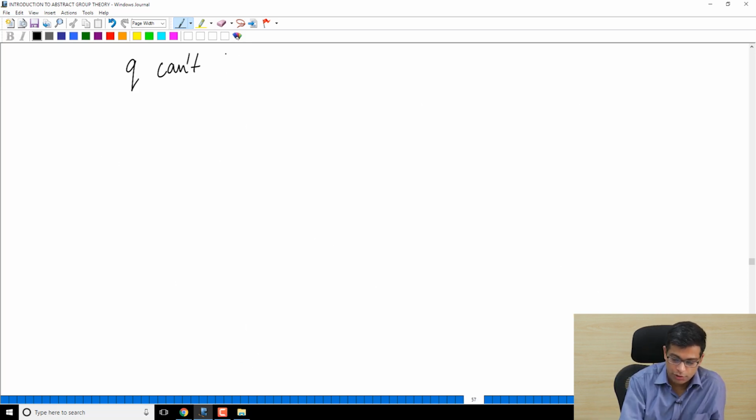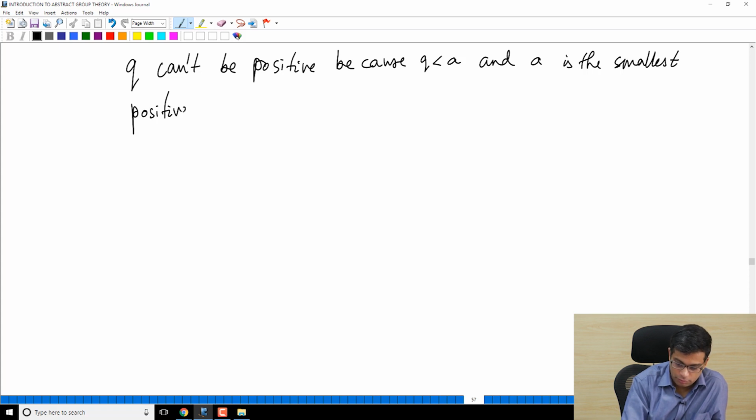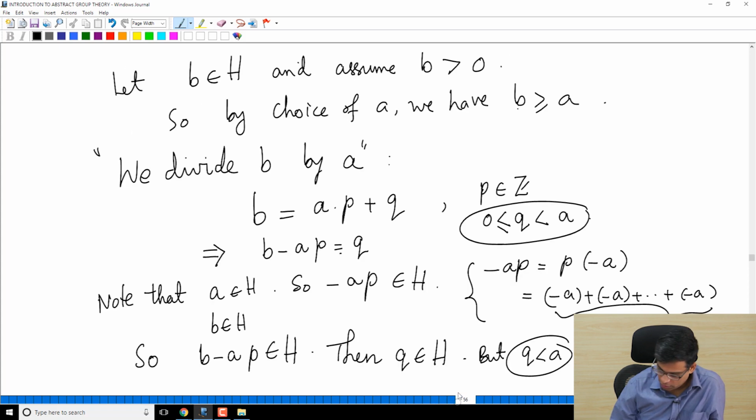Q can't be positive, because Q is strictly less than A and A is the smallest positive integer in H, and Q, remember, is in H at this point.